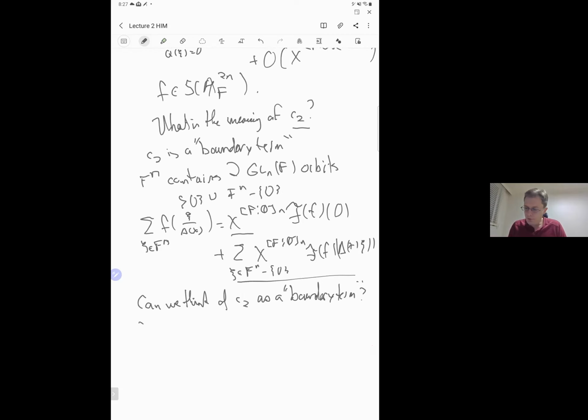I'm going to start by giving myself a non-degenerate quadratic form Q from F^n to F. And for F-algebras R, let X(R) be the set of v in R^n such that Q(v) is equal to 0.